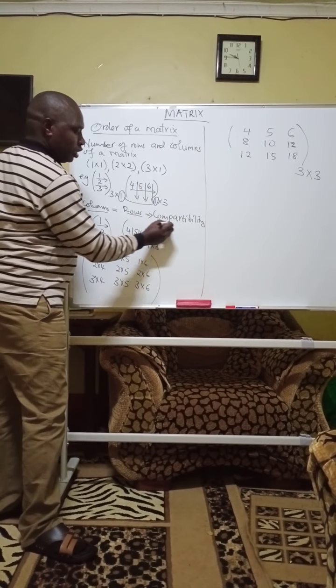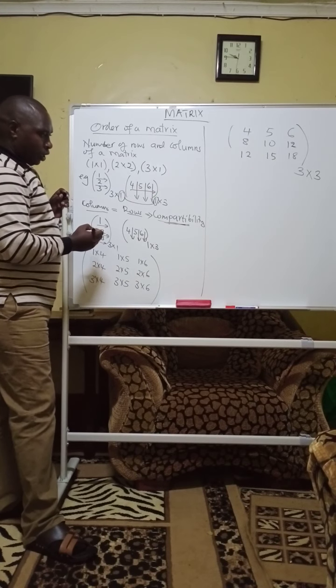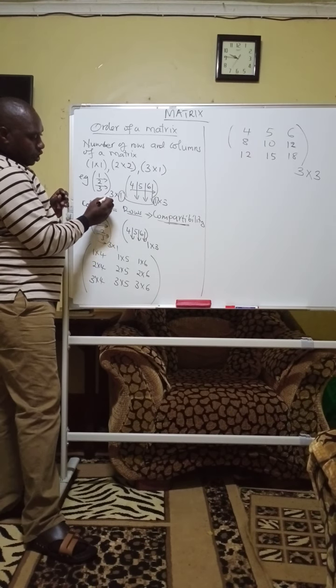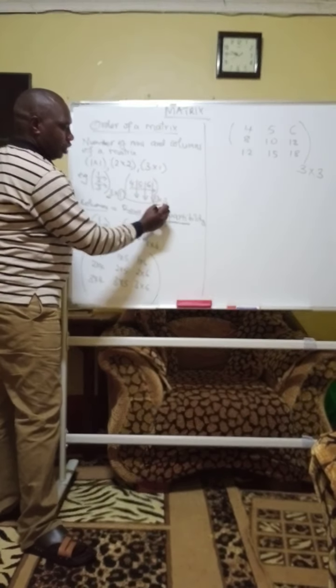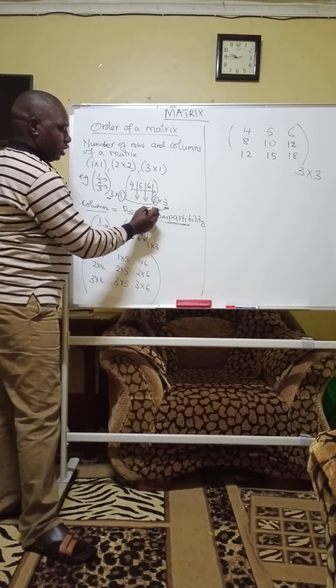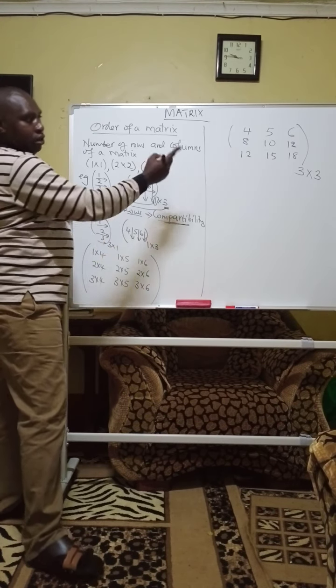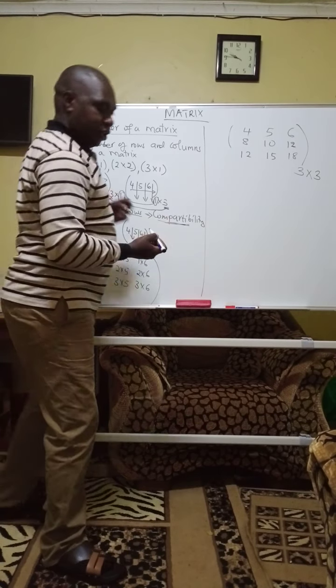And therefore we concluded that these matrices could be multiplied because they are compatible. In the same breath, we can also find out that the number of rows in the first matrix and the number of columns in the second matrix gives us the order of the resulting matrix. And you can see that our final matrix there is actually of order 3 by 3.